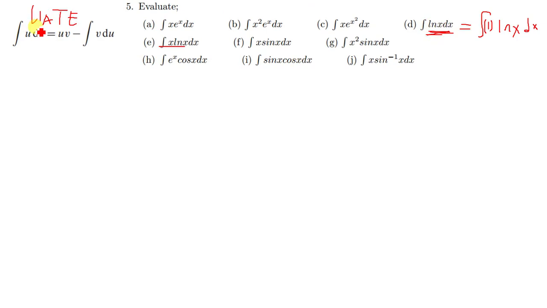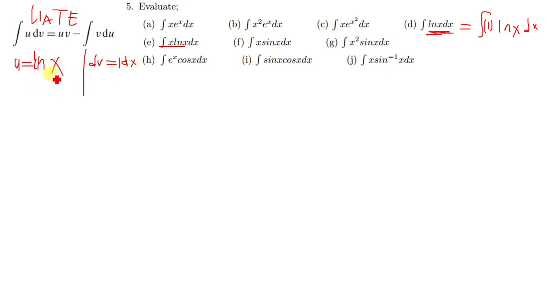So you choose your ln as your u. So I'll say my u is equal to ln x. Then the remaining expression is the one that I'm taking as my dv. So my dv is equal to 1 dx.